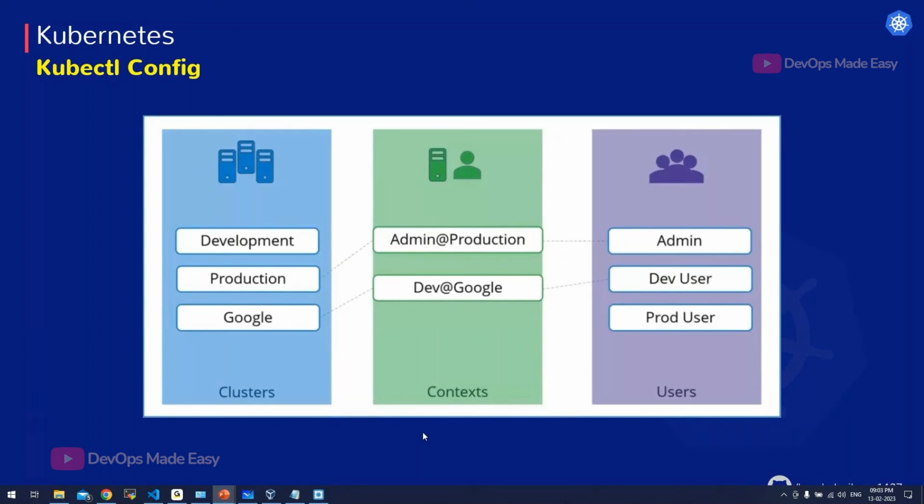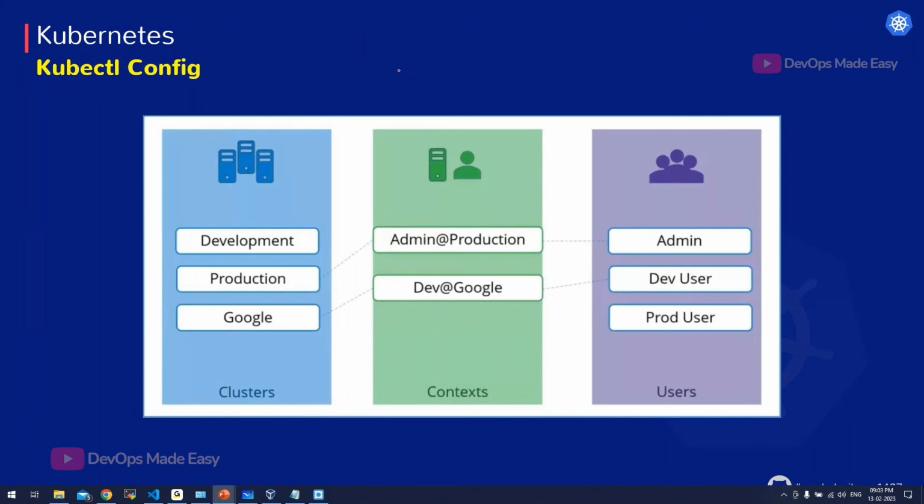Okay, so now see here. I have a single config file. There is an admin user, dev user, prod user. So there are three types of users, or maybe a single user but with different roles. Kubernetes will not identify users. There is no user database inside Kubernetes.